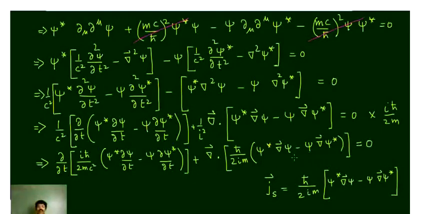See, the second term gives us this J. Since we have obtained this from the Klein Gordon equation, we keep the suffix Klein Gordon. But this is very similar to what we got in Schrodinger's equation.